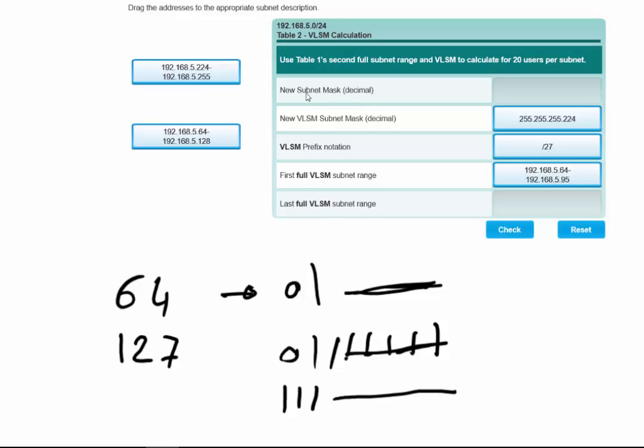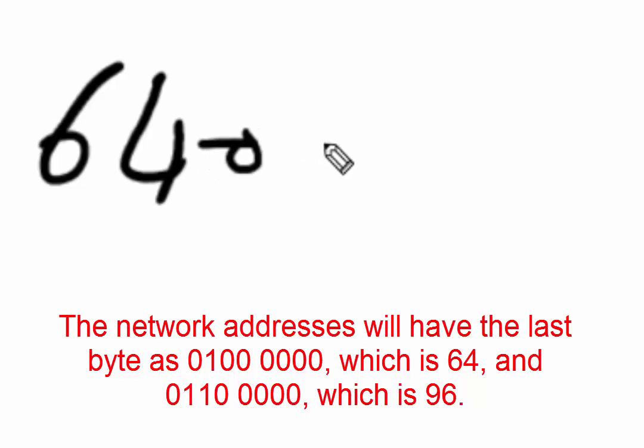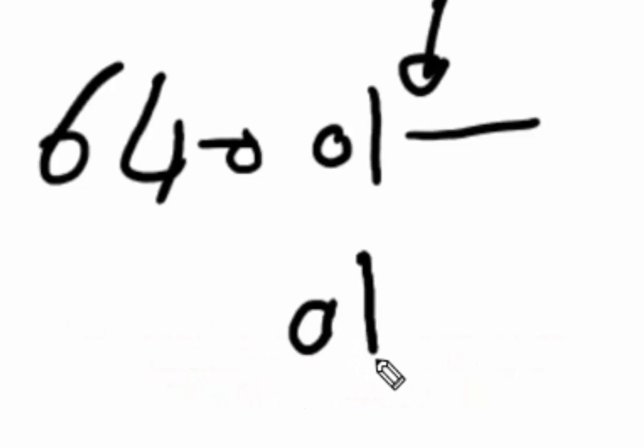There should be 2 different addresses for these subnets. The one should be 64, which means 01 and all zeros. And the next, because we have borrowed one extra bit, so this should be 0, 1, 1, and then all zeros.